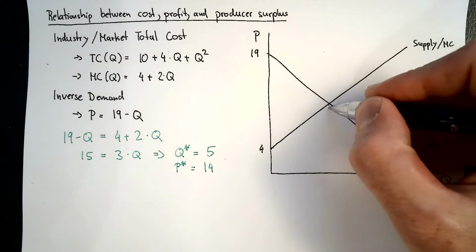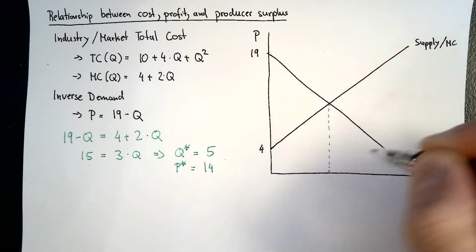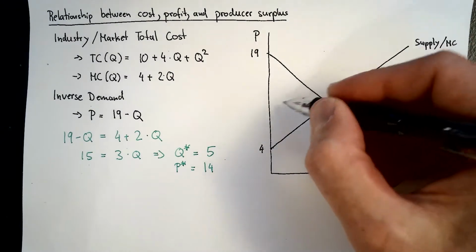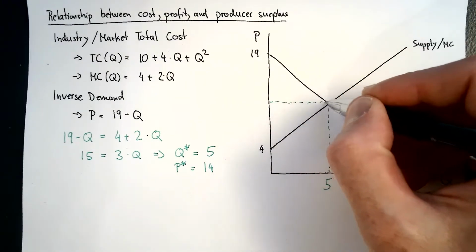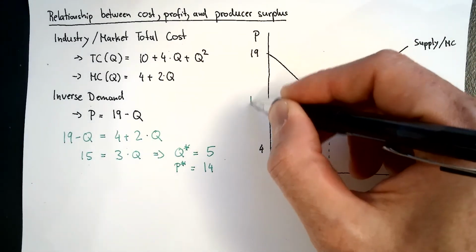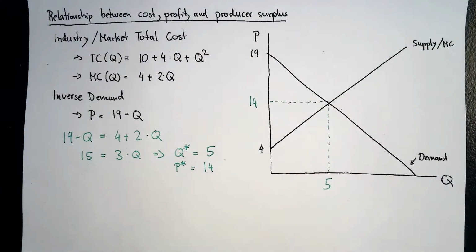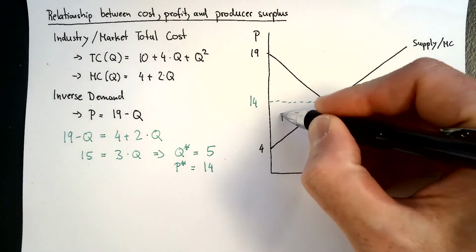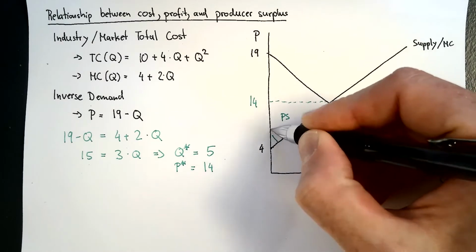So here we can see that we have a quantity of 5, and we also have an equilibrium price of 14. So let us calculate the producer surplus associated with this situation. So the producer surplus is the area of this triangle here.